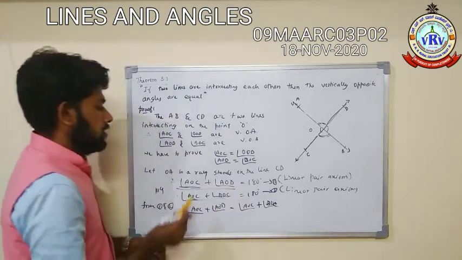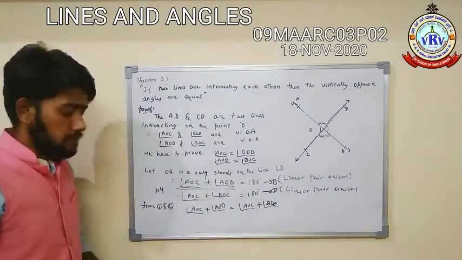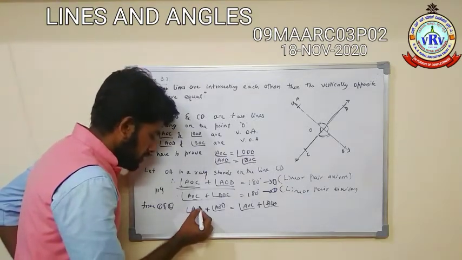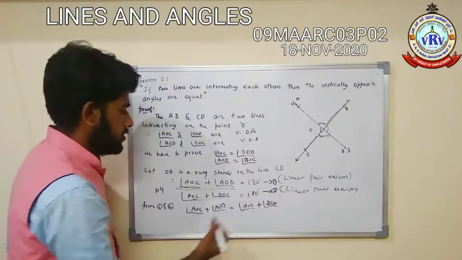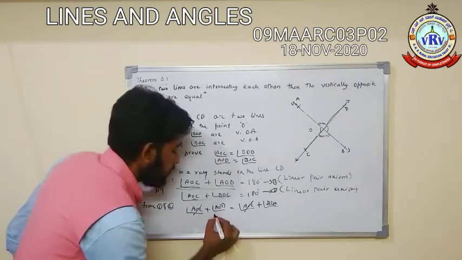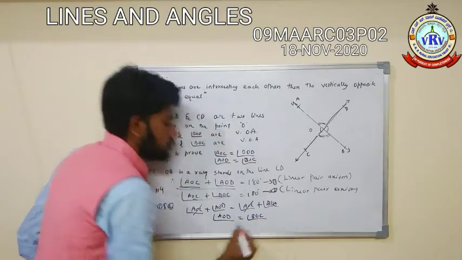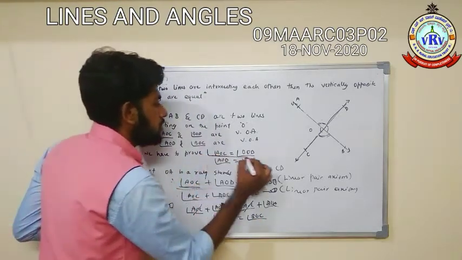Can you see here? Angle AOC is common on both sides with the addition symbol, so I can cancel these two angles. From that I will get AOD is equal to BOC. Now you can observe we have already proved this.